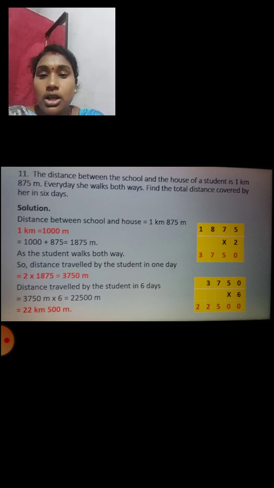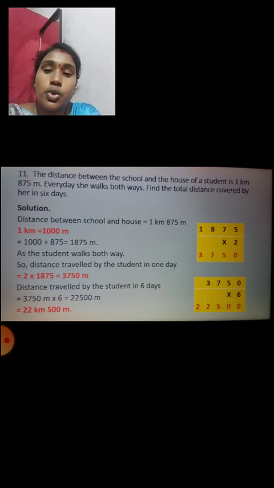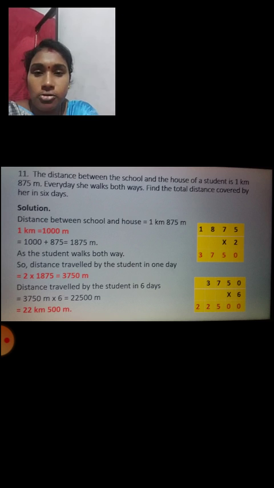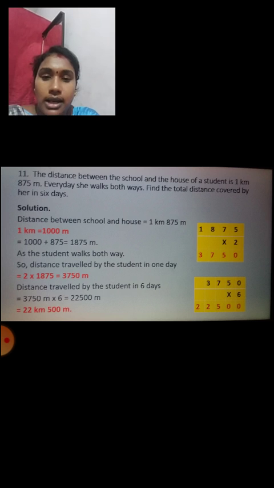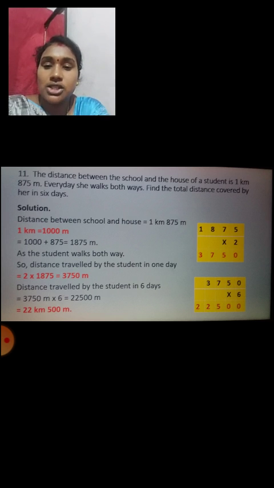Right children? So this is about a student who is walking every day from the house to the school. Every day she is traveling 1 kilometer and 875 meters. Every day she is walking 2 times, once from home to school, and then after school finishes she is walking back from school to the home.